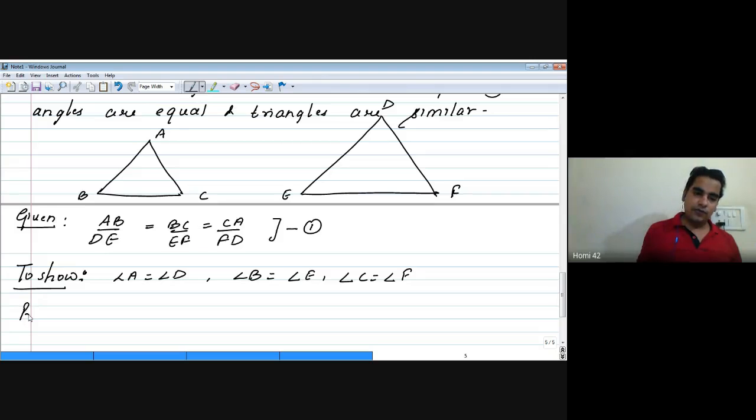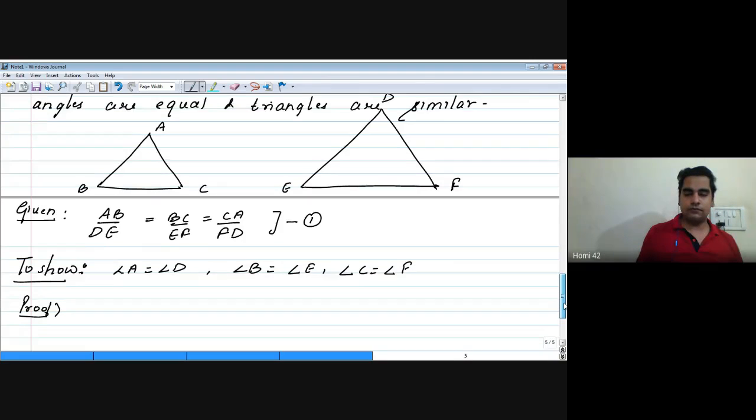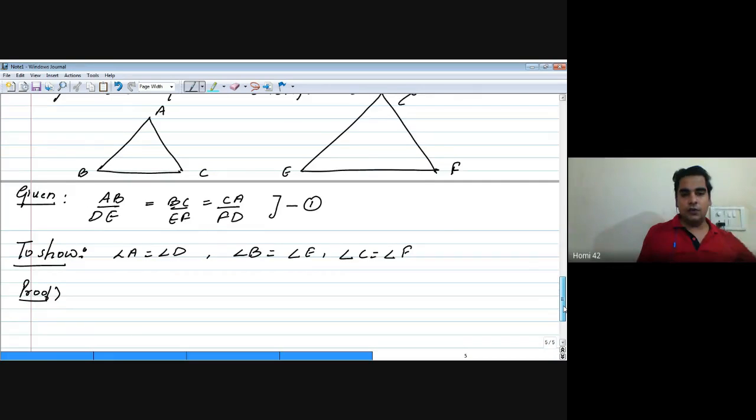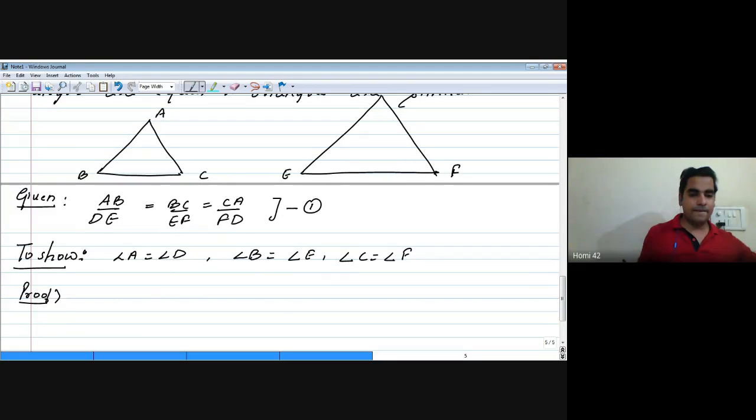So let's move to the proof. How can we do it? Who is going to tell me how this can be done?